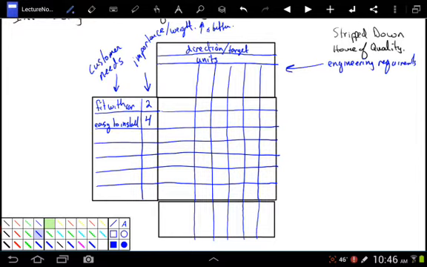But let's say time to install was one of our engineering requirements. What was another one? Pleasing to the eye, which I guess you'd figure out using some kind of survey or some kind of comparison. Actually, never mind. We won't go into that right now.